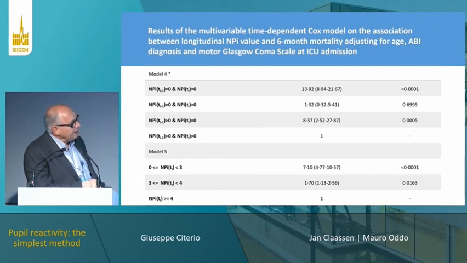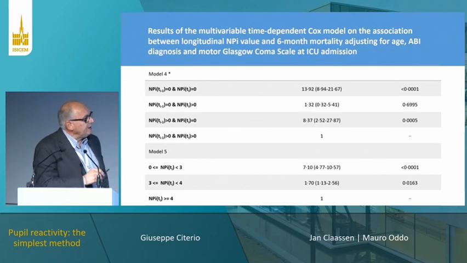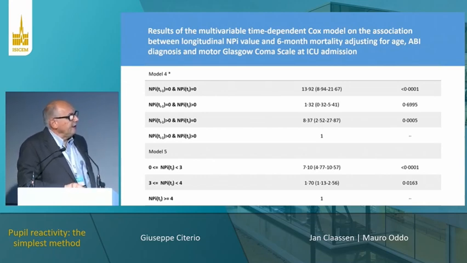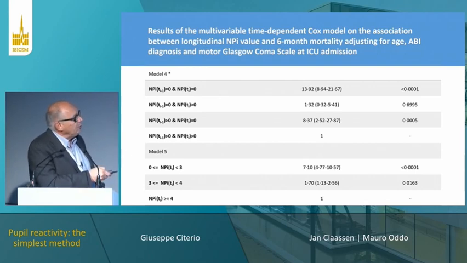As you can see, we have a risk going below 3, but the hazard is also higher if you stay between 3 and 4, not close to 5. So at the end of the day, we were able to demonstrate that the outcome is connected to pupillometry and the dynamics of the exam we are doing, so you can go to zero, remain at zero, return back over zero, or fall down to zero.